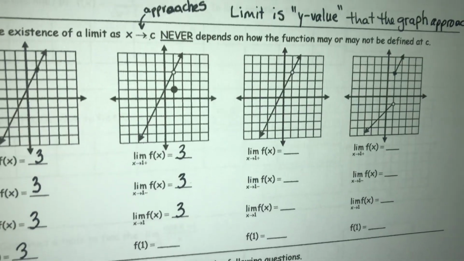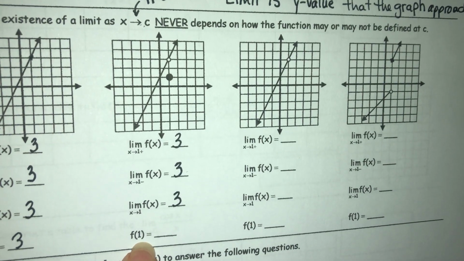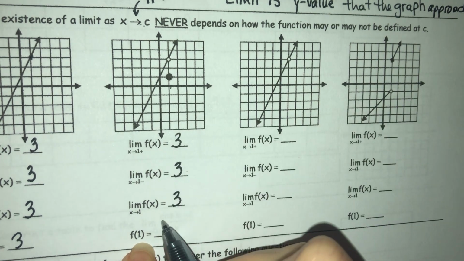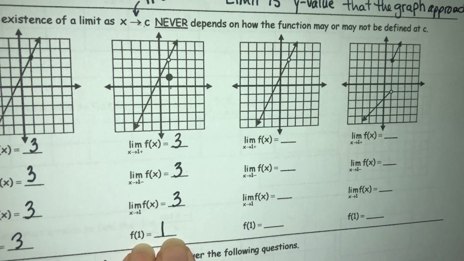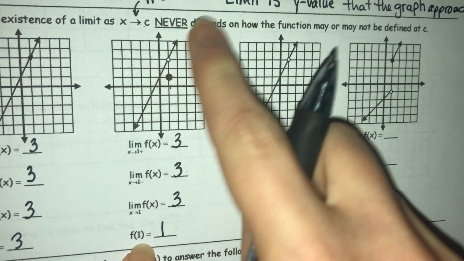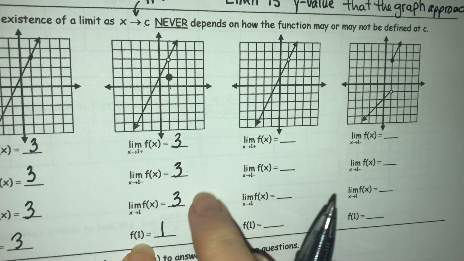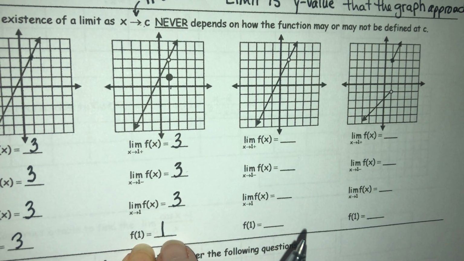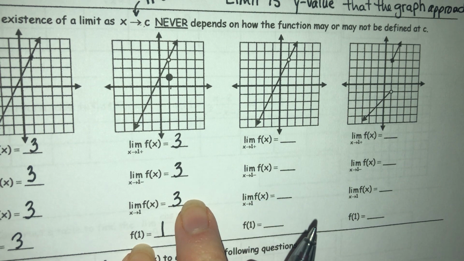What is f of 1 actually defined to be? When x is 1, y is 1. So f is defined to be something different than what the limit on the left, on the right, and overall is for this graph. So the actual point that's defined is different from each of these limits.